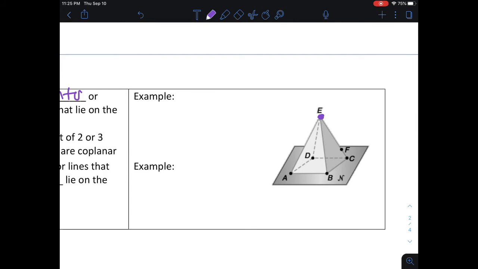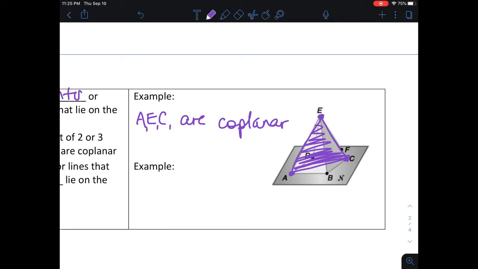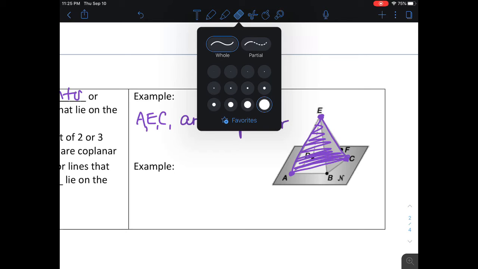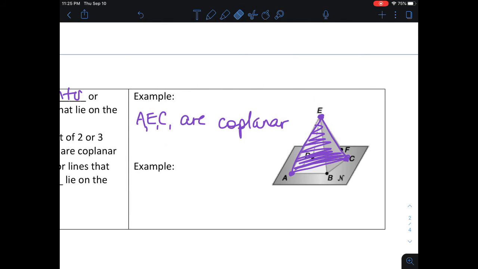Like E, A, and C. Any 3 points you pick are coplanar. E, A, C, and you can connect them and they will make a plane. So A, E, and C are coplanar.